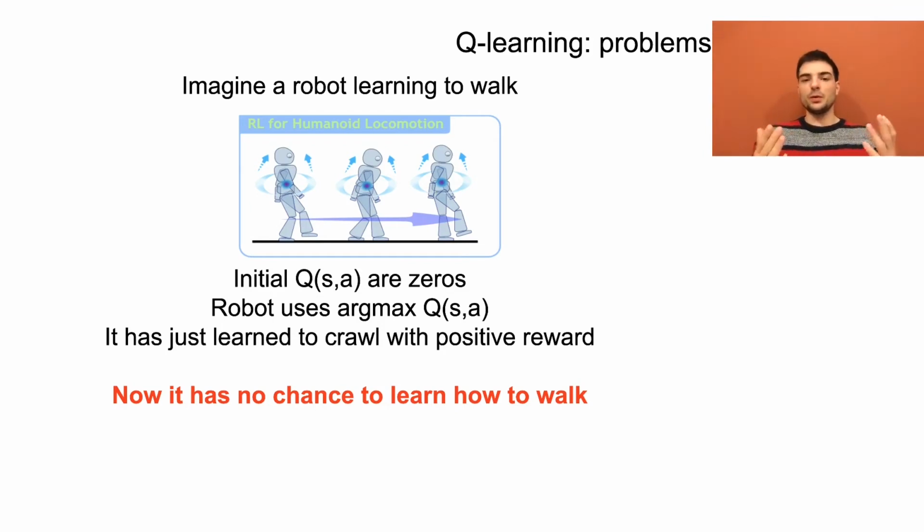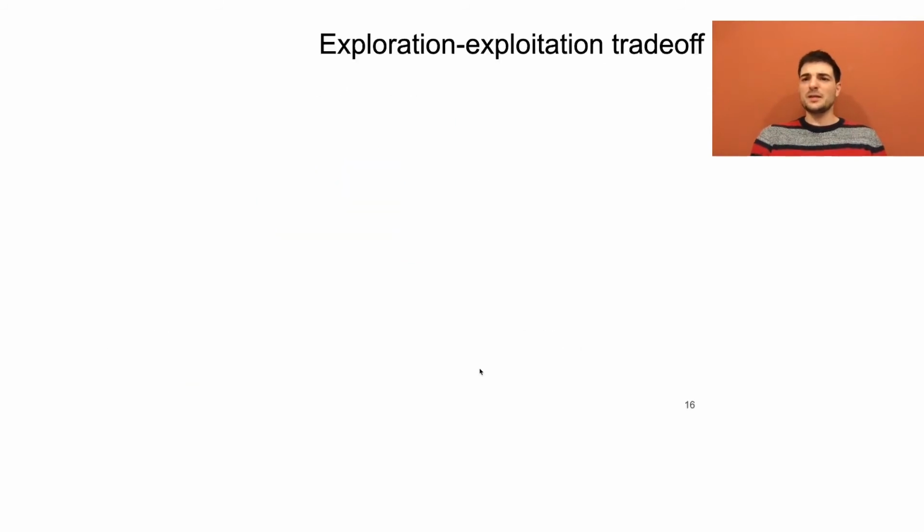For example, the reward was the distance it covered in some fixed time. Then our robot knows that crawling delivers a reward higher than zero. So the Q function is not zero. It's the best Q function over all possible actions. And now our robot is just crawling all the time and has no chance to learn how to walk, because it greedily selects the best action according to our Q-value. So we need to fix it somehow.